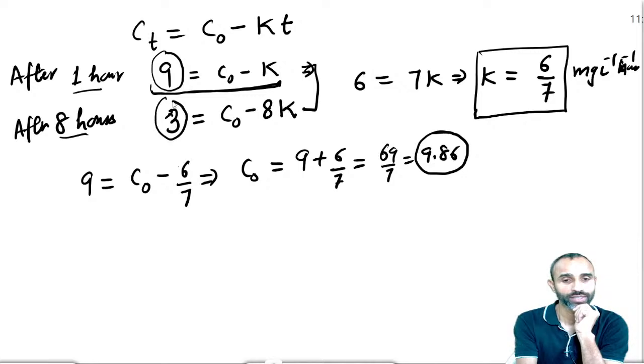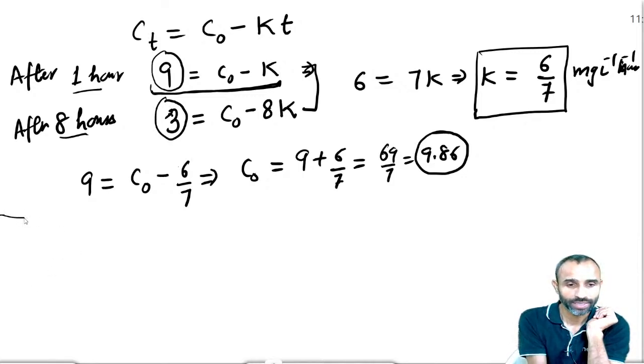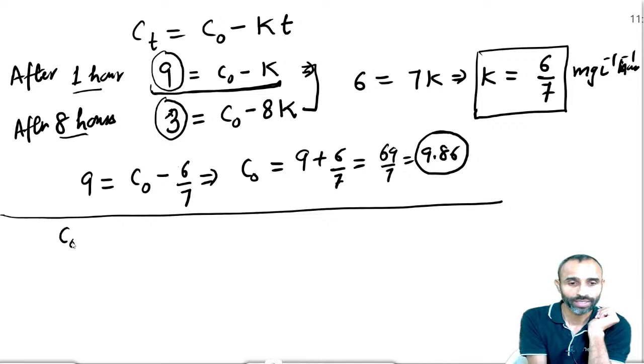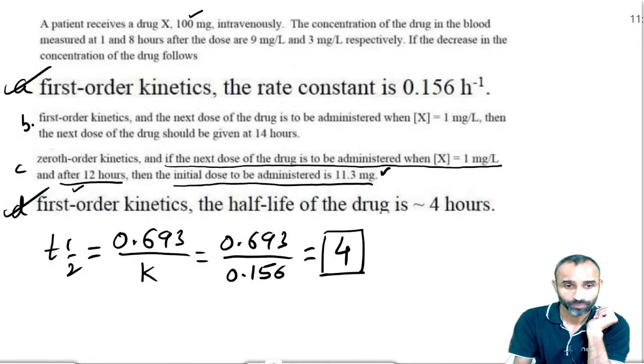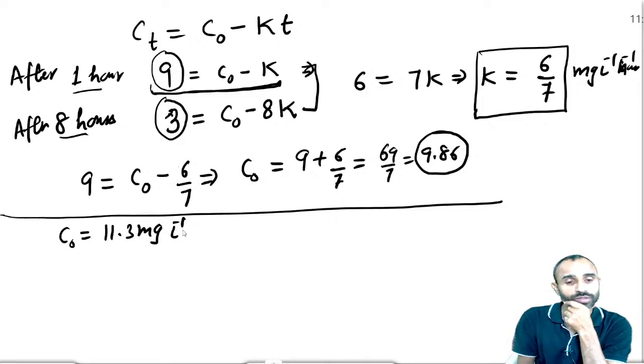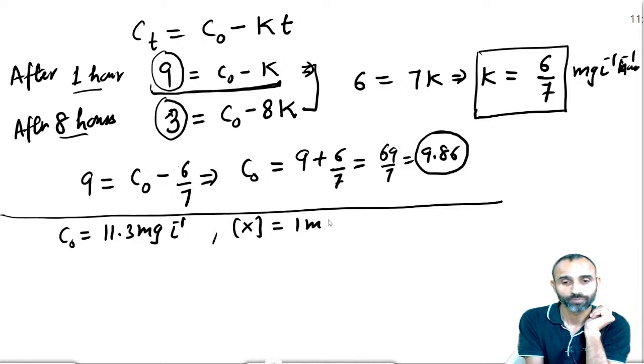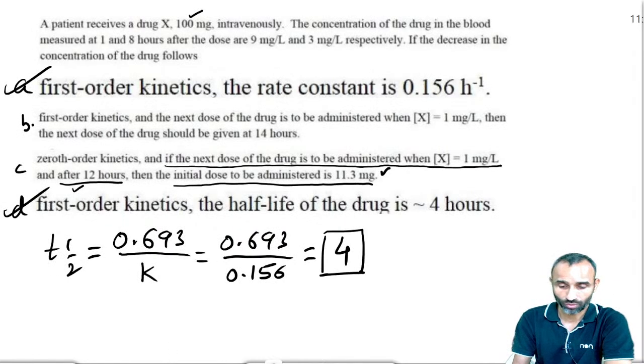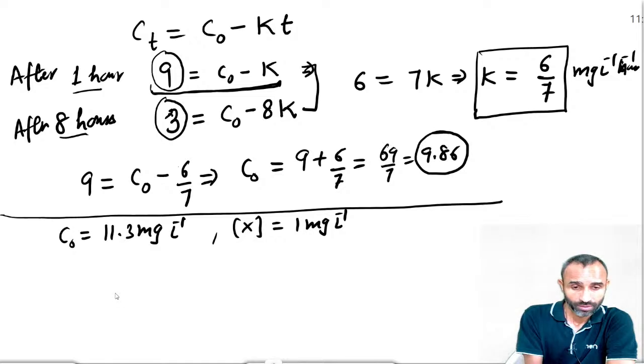Now he said for the 0th order, take the initial concentration as 11.3 milligram. How much time does it take to reach 1 milligram? That we have to calculate, and according to him if it is 12 then this option is correct. K remains the same because the reaction is 0 order.